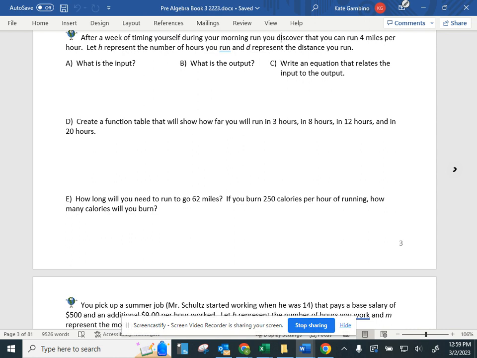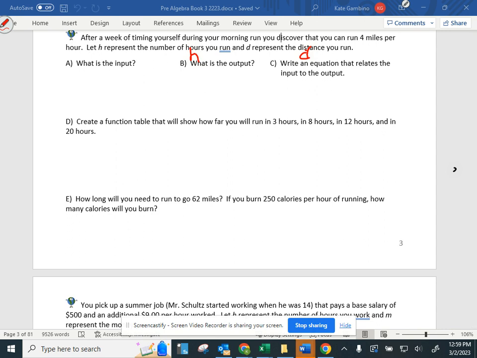Let H represent the number of hours you run, and D represent the distance you run. So hours is H, distance is D, right? So now we need to decide what's the input.